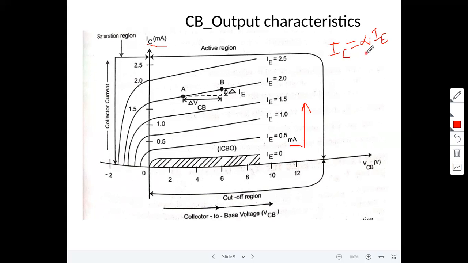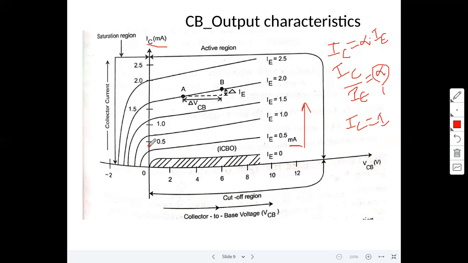Output current by input current is the current gain in CB configuration. IC by IE is equal to alpha. Now, what is the maximum value of alpha? Alpha maximum value is 1. So when alpha is equal to 1, IC is equal to IE.